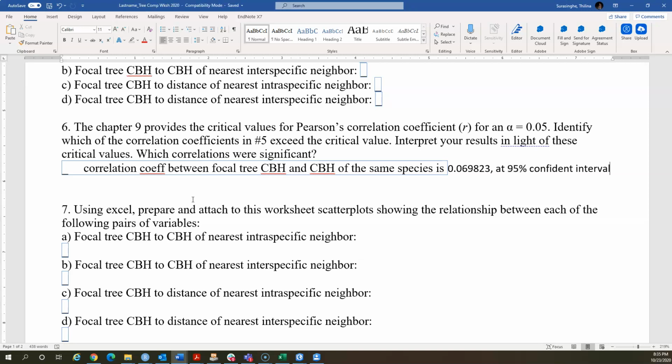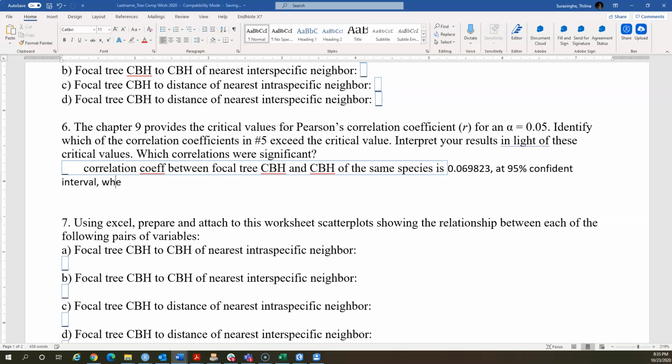So at 95% confidence interval, when sample size is 45, the tabulated correlation coefficient is going to be 0.294, right?